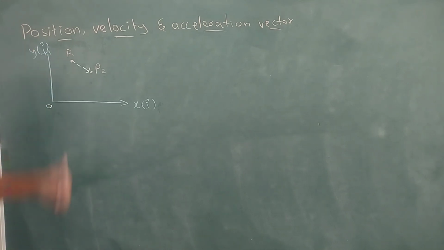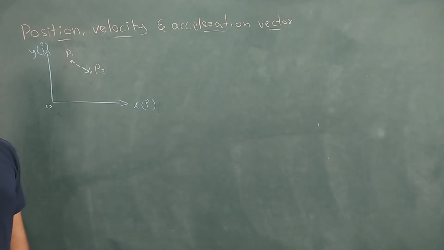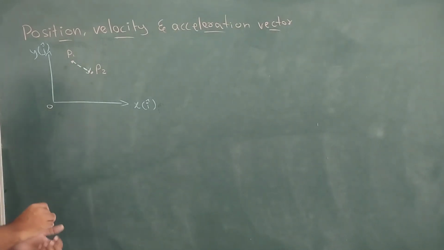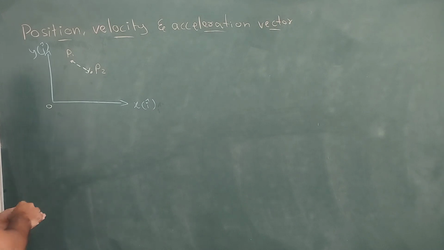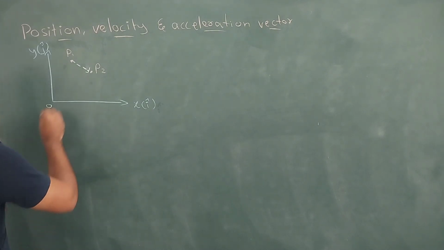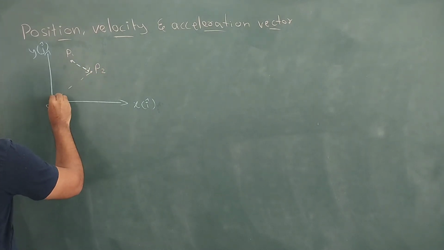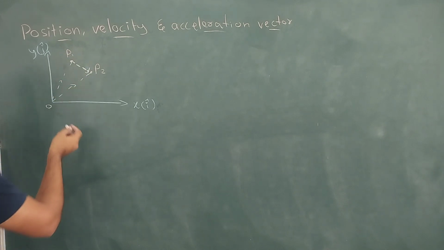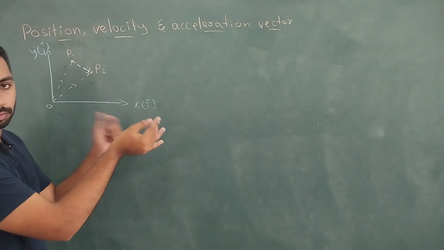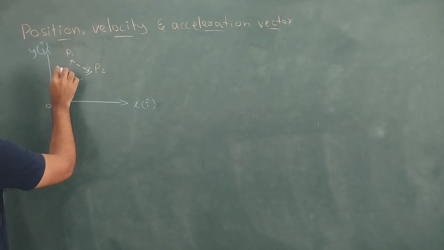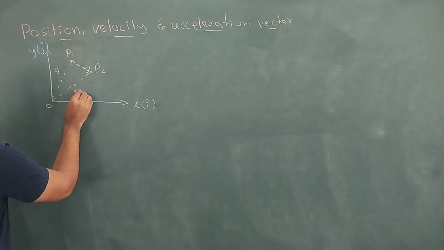At this time, how can you represent position or displacement? Very simple, sir. First we'll draw one like this, one like this. It's just to show. Now let's say this is vector R1 and this is vector R2.